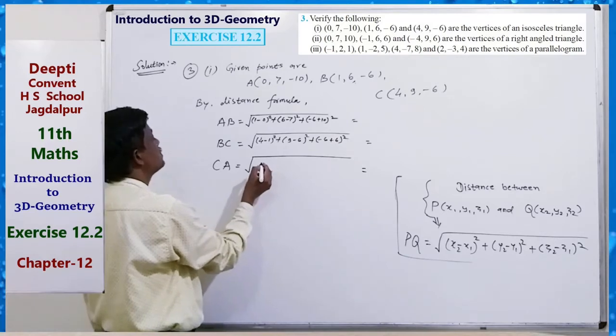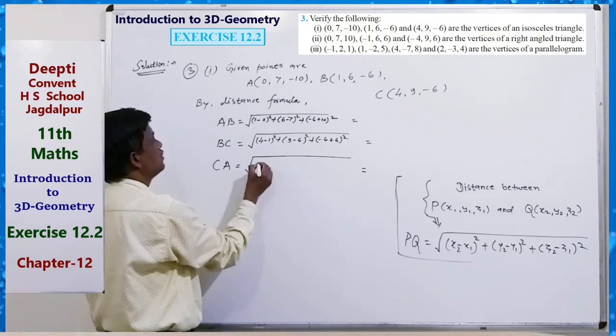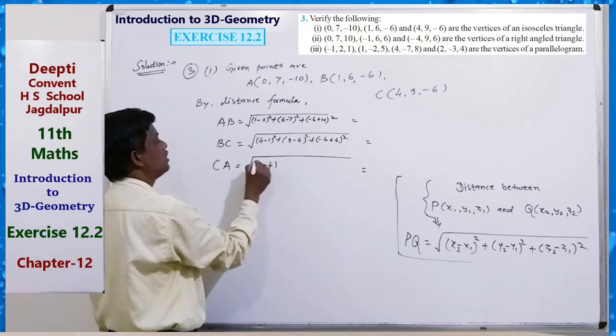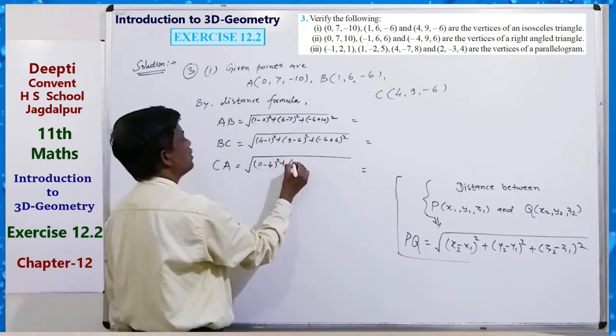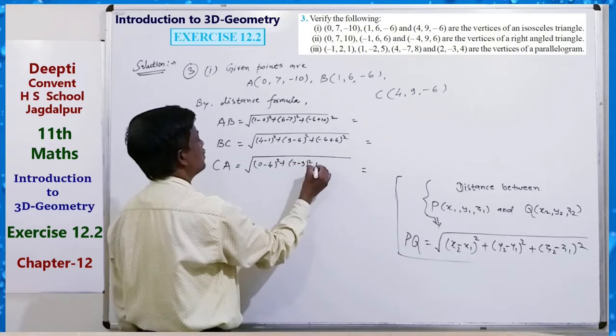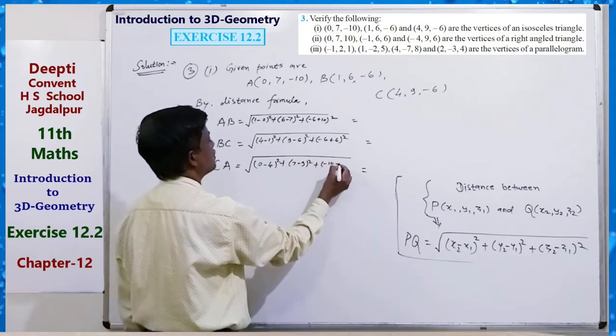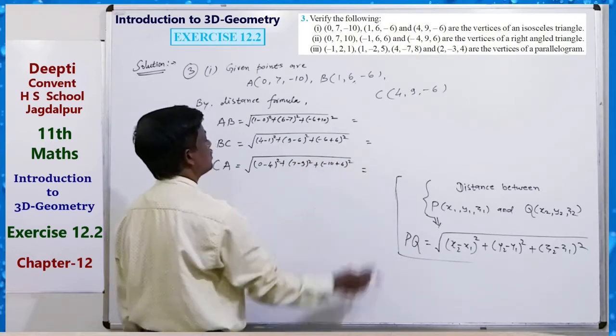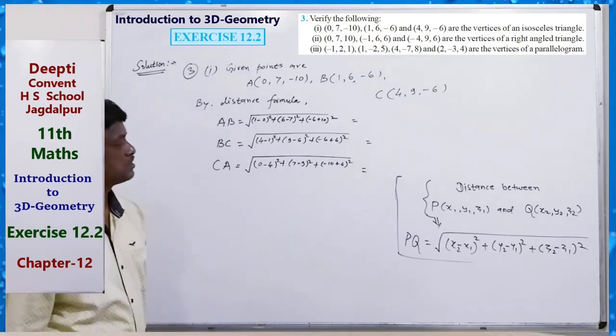Here CA, you can write (0 minus 4) square plus (7 minus 9) square plus (minus 10 plus 6) square.